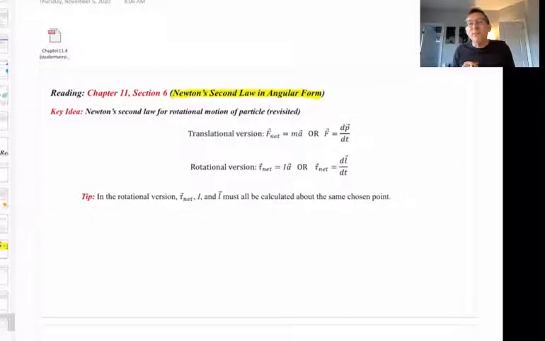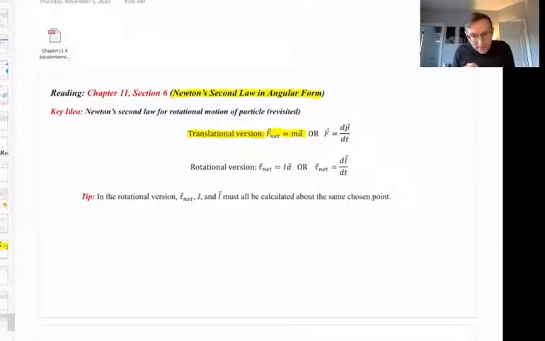Well, let's just, for the moment, argue by analogy. When we studied translational motion along a line, the first way we ever saw Newton was this way: F net equals m times a.